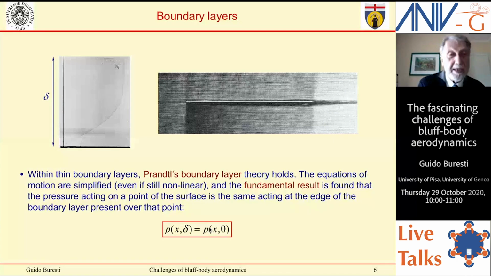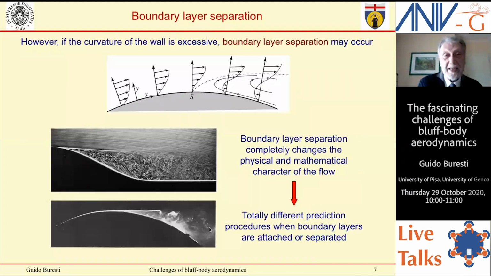However, you all know that if the curvature of the wall is excessive, producing an excessive adverse pressure increase, then you get boundary layer separation, and this completely changes the physical and mathematical character of the flow, and you get totally different prediction procedures when the body has an attached or a separated boundary layer.